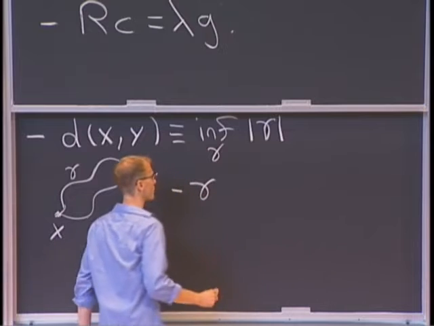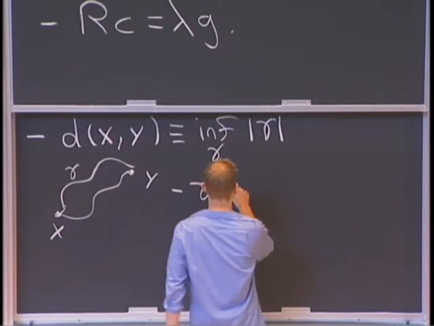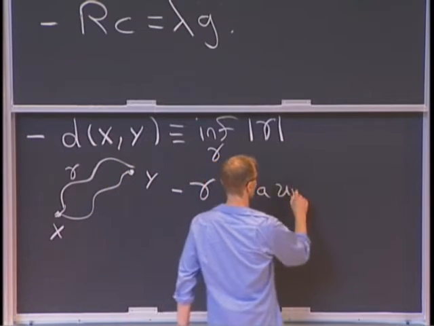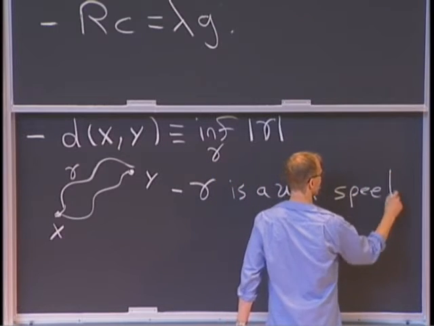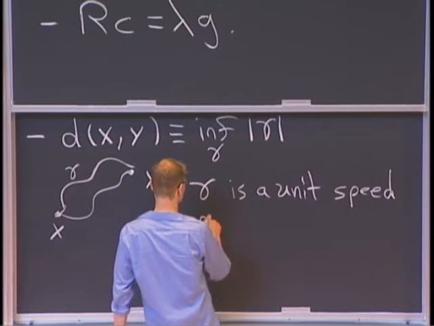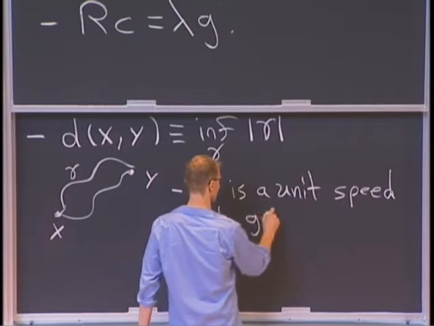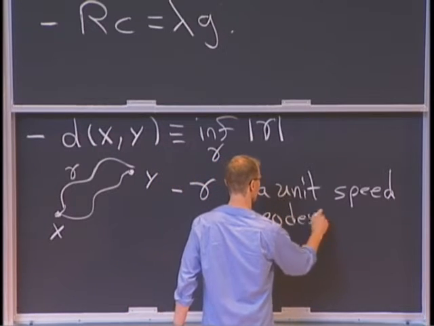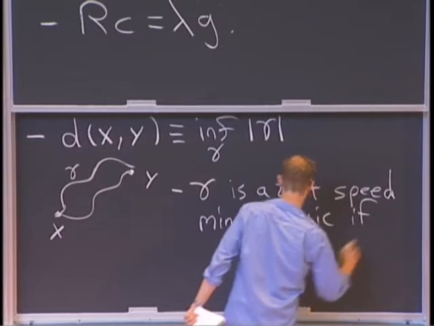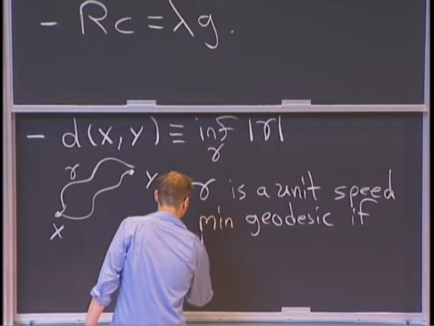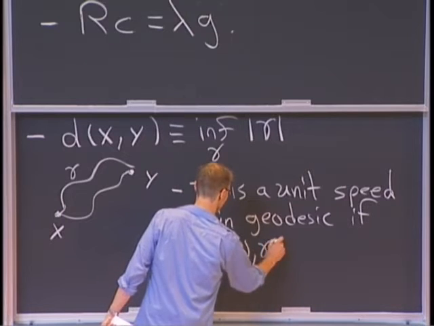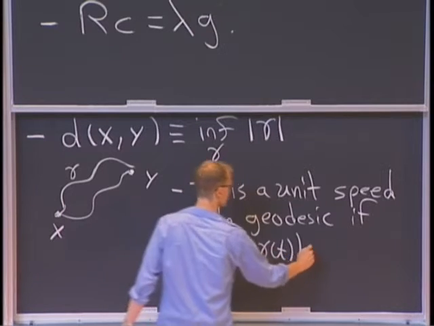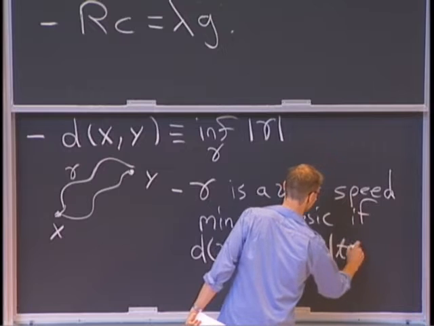And we call a curve a geodesic, or to be exact, gamma is a unit speed minimizing geodesic if the distance between gamma of s and gamma of t is always equal to t minus s.